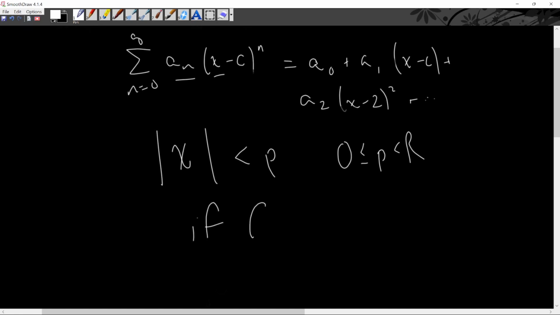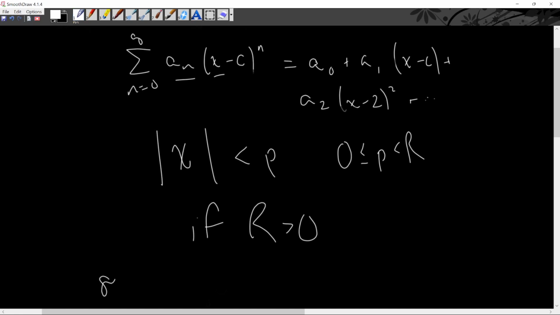if r is greater than 0, then the power series, or the sum of the series, I'll just say series, because that's kind of what's being implied by a series, right? It's just the sum of every term.